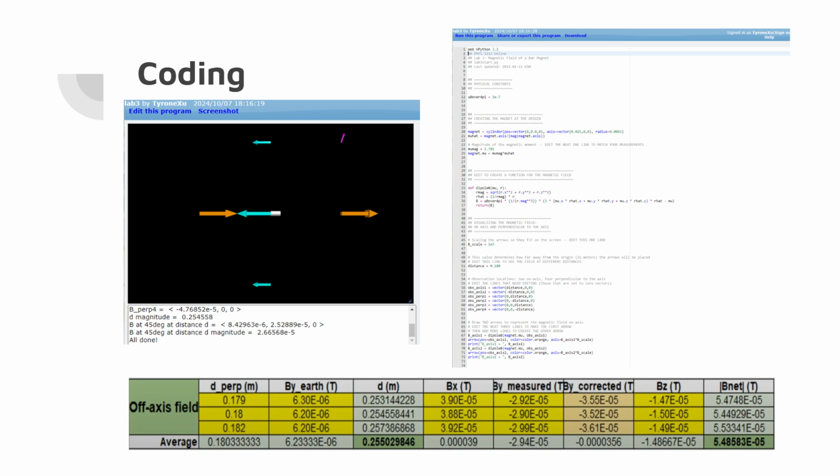We determined that the magnitude of the magnetic field was 2.66 times 10 to the negative 5. Now, this is slightly off our calculated value within the experiment, which was 5.48 times 10 to the negative 5. However, they are of the same magnitude, which means they are still relatively close to each other, though they are slightly different because of possible errors, which we'll bring up in the next slide.